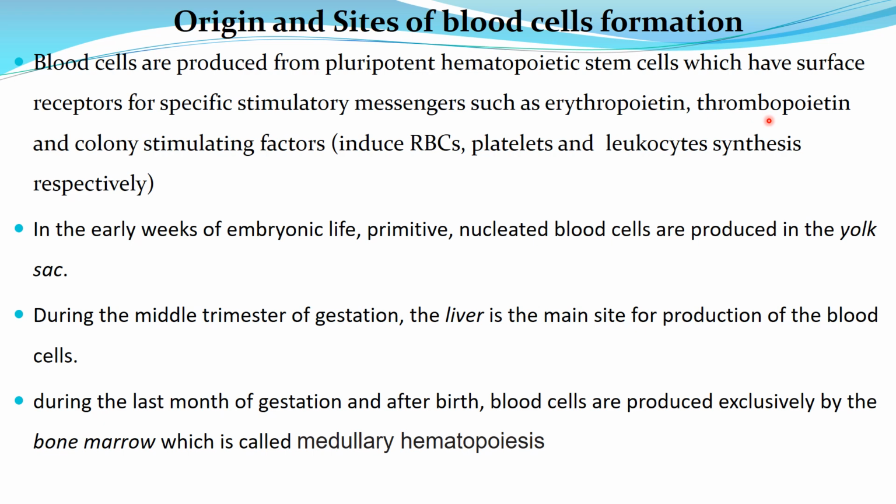So when thrombopoietin binds to its own specific receptors on the surface of the pluripotent hematopoietic stem cells, they start differentiation and form thrombocytes.